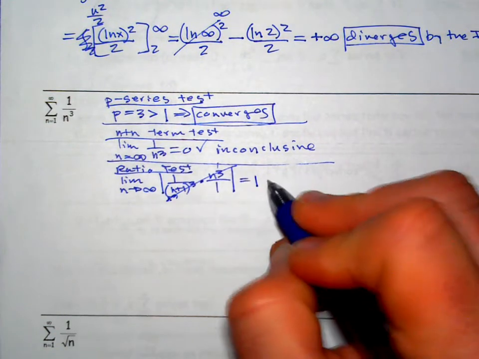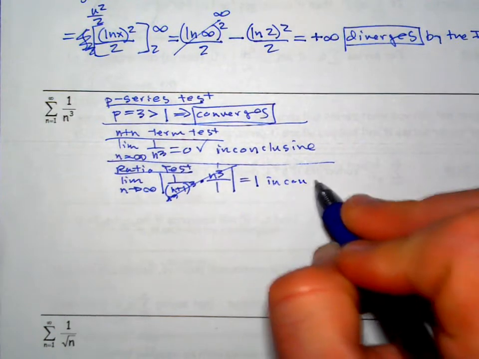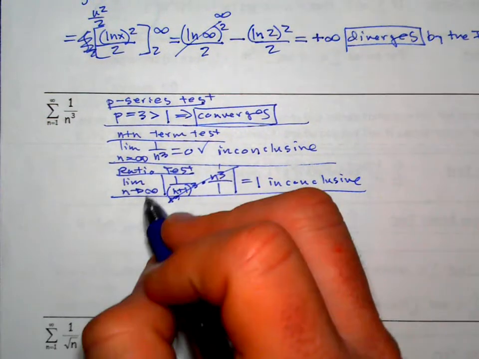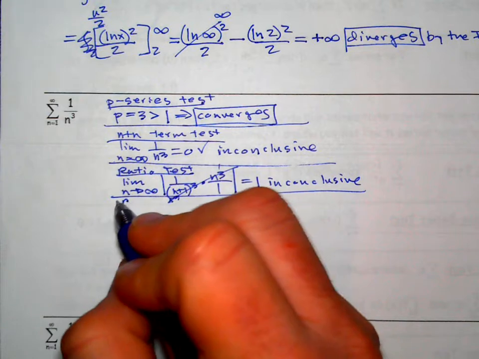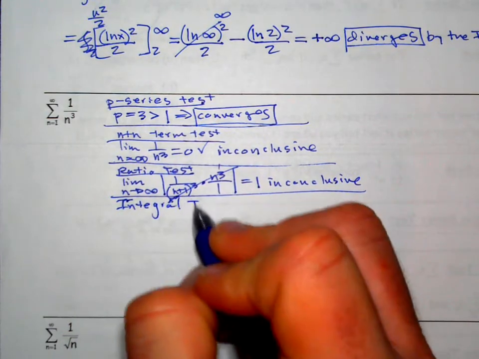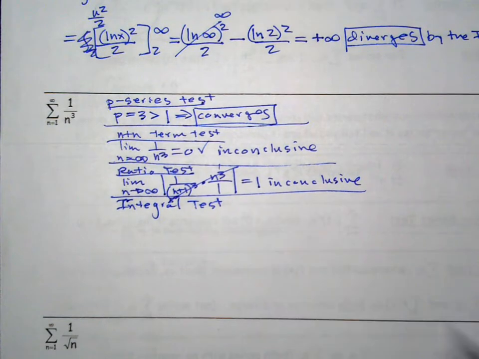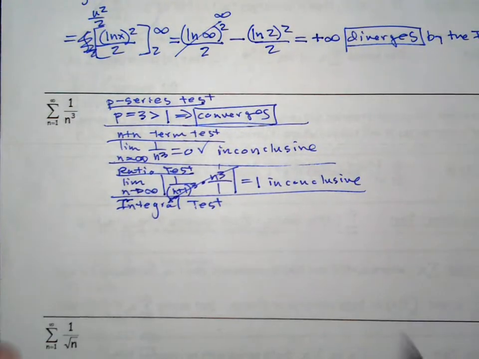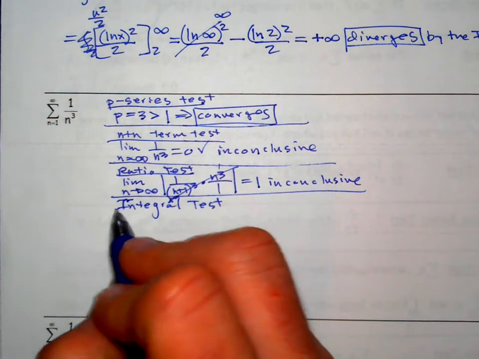It's inconclusive. All right. So I guess the next test would be the integral test. If you're really just going down the list, it's P series. It's definitely not geometric. It's not an alternating series, so you can't use those. So integral test.